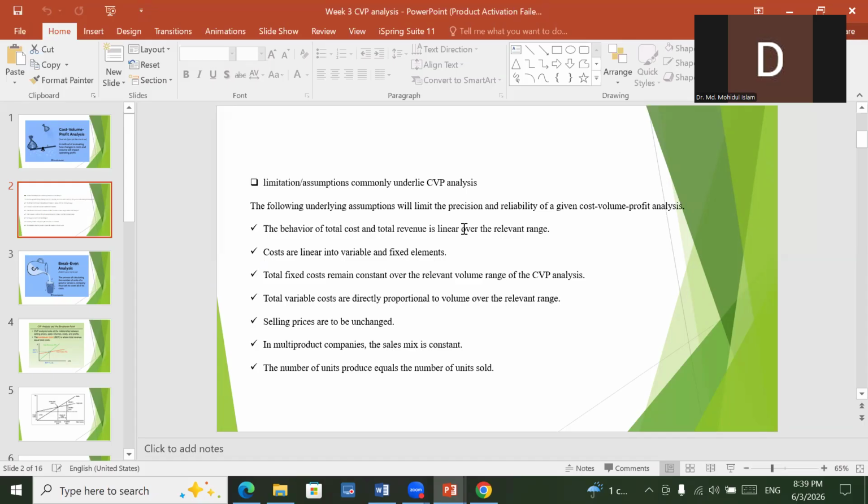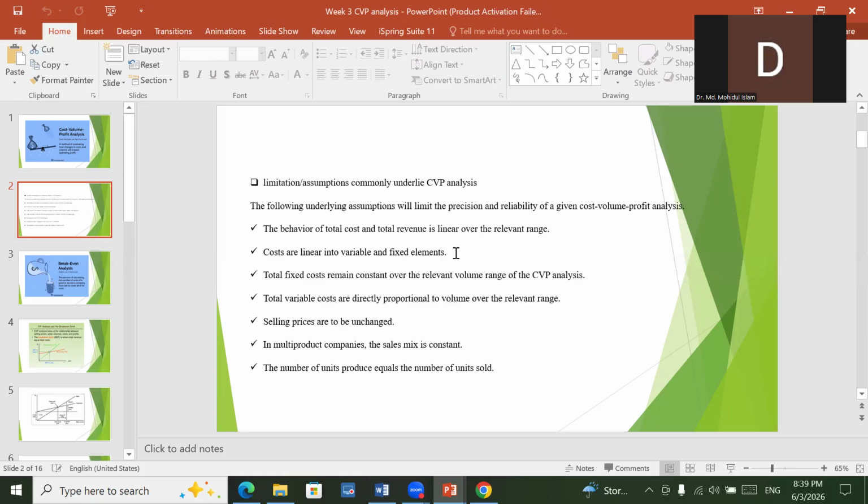And another criteria, costs are linear into variable and fixed cost elements. Variable cost and fixed cost are linear. That means variable cost, the total level of activity, is changeable, and fixed cost, the total level of cost, is fixed or constant. The other is vice versa, or opposite.